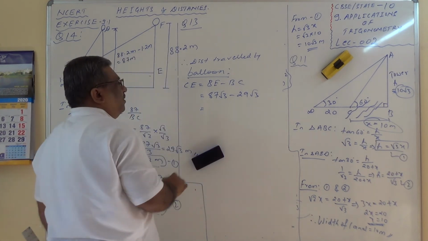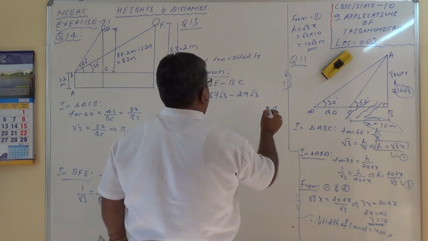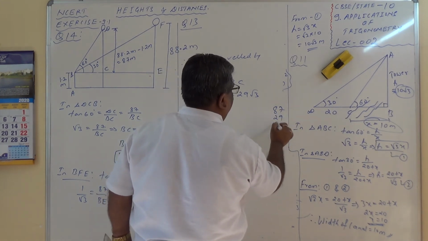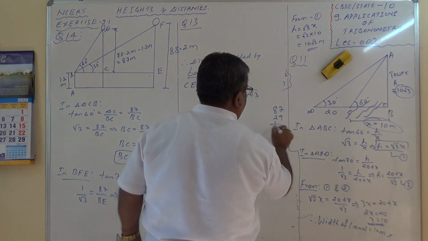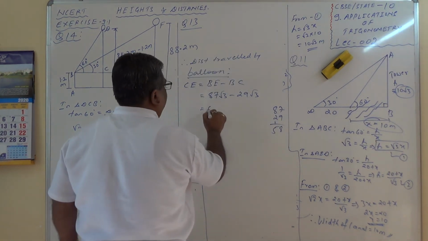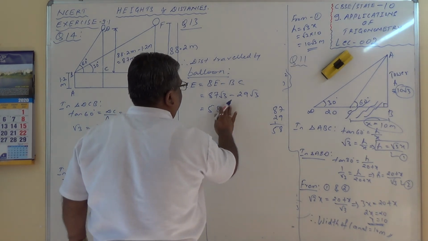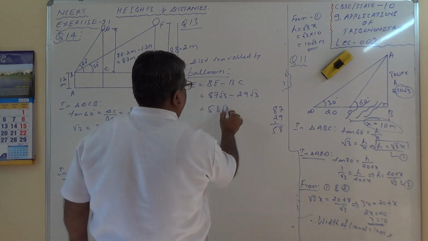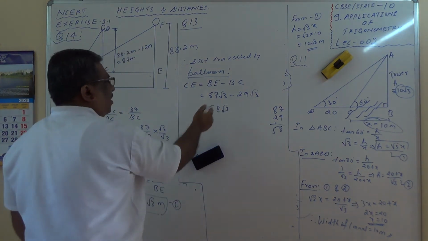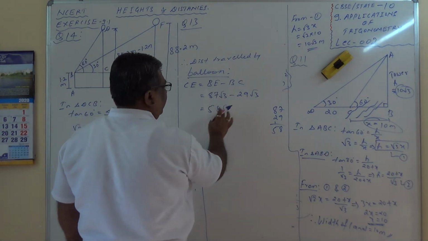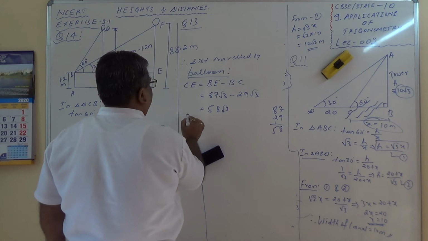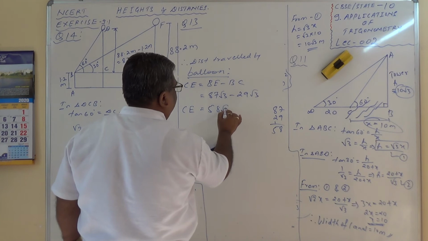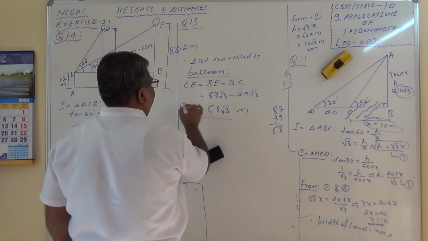So 87 minus 29, 58 root 3, 87 root 3 minus 29 root 3, correct? So what is common here? Root 3 is common. 87 minus 29 is 58, so 58 root 3 meter, and therefore CE equals 58 root 3 meter should be the answer.